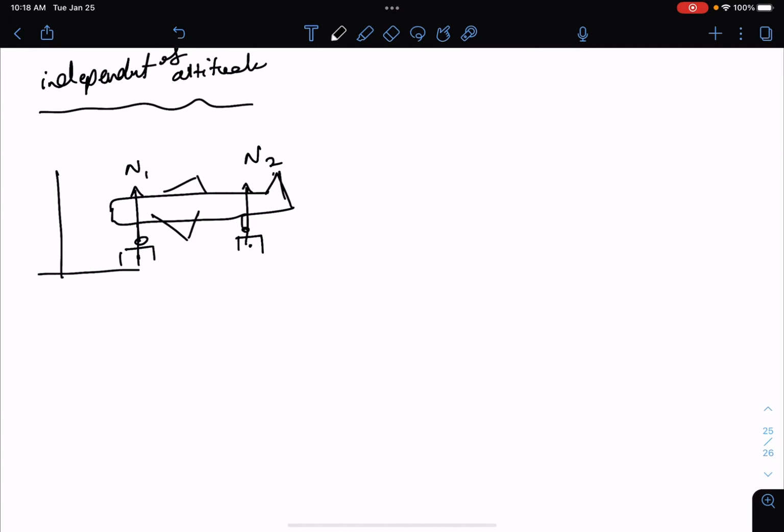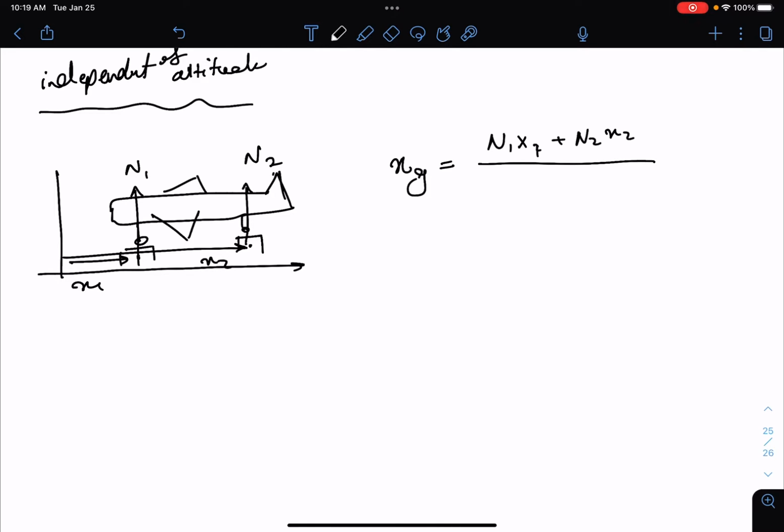Then you measure the distance of N1 and N2 from the center of your coordinate system. Let's call these X1 and X2. The center of gravity, let's call it X of G, is going to be the weighted average of these two: N1 X1 plus N2 X2 divided by your weight.